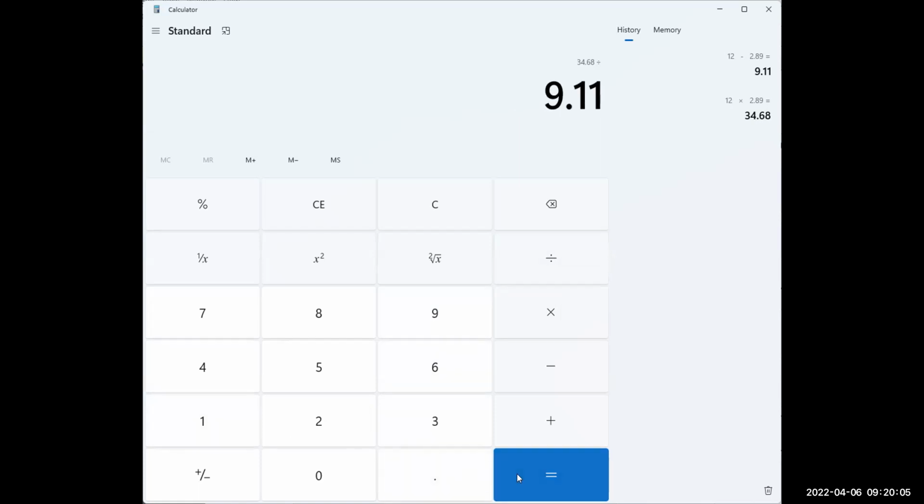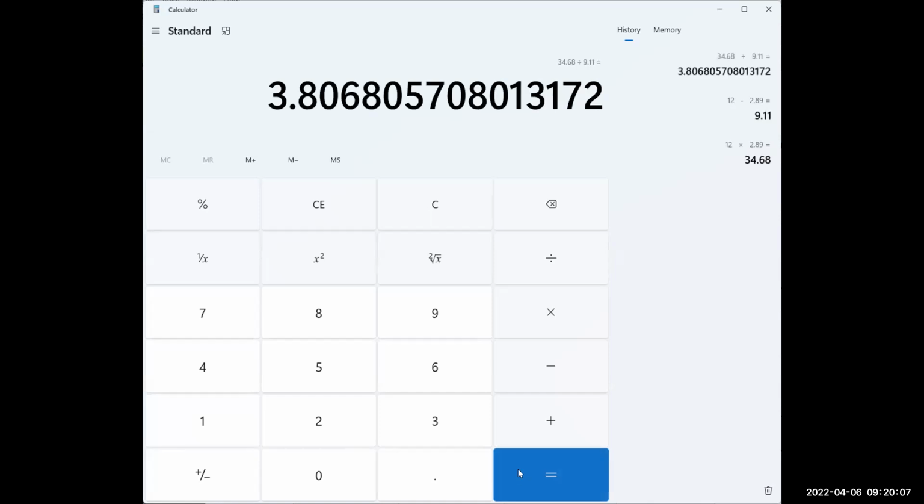And the answer is 3.806 something. So 3.8068, okay? I really need to do some rounding at some point, but this many sig figs is good enough.